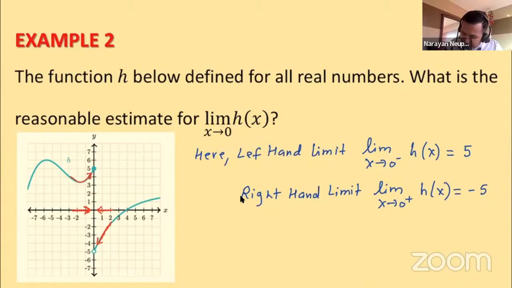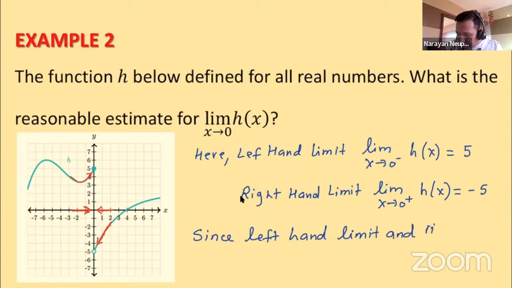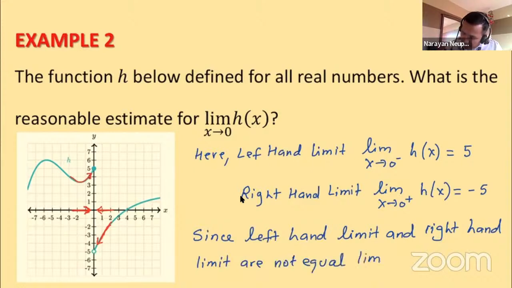So we say since the left-hand limit and right-hand limit are not equal, the limit as x approaches 0 of h of x does not exist.